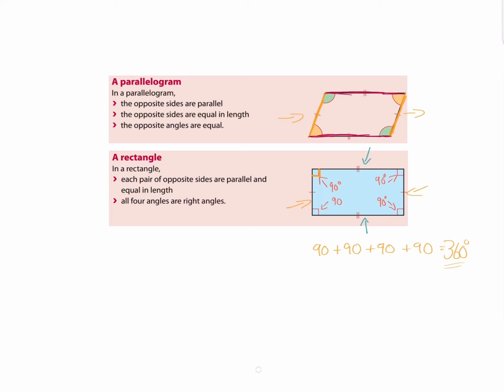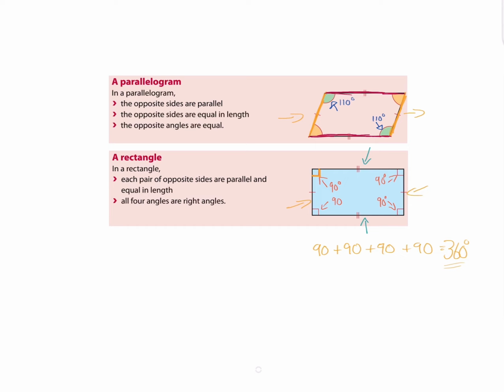However, you can see this green angle and this one here, I'm using the blue pen just to point them out. They are equal. So for example, this might be 110 degrees, and this would also be 110 degrees. So in a parallelogram, opposite angles are equal.